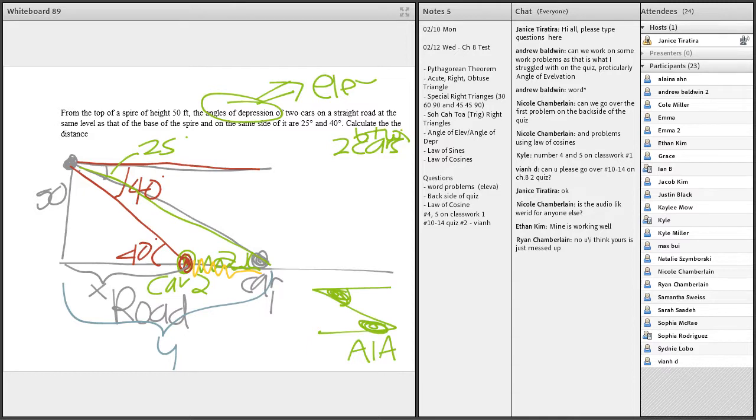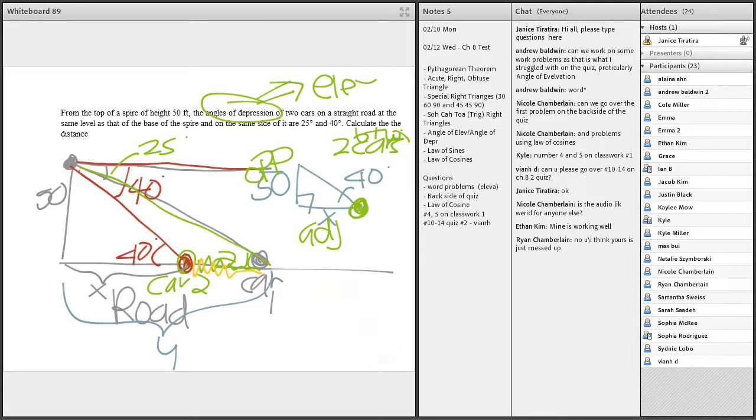If I drew just one of the triangles, here's the 40 degree angle, here's x, and here's 50. That has to be tangent, because from the 40 degree angle we have opposite over adjacent. So the math here has to be tangent 2 times, 2 separate pictures.